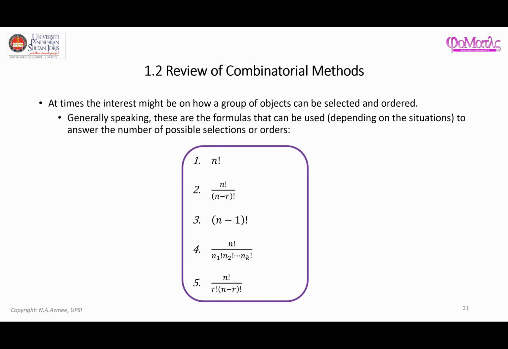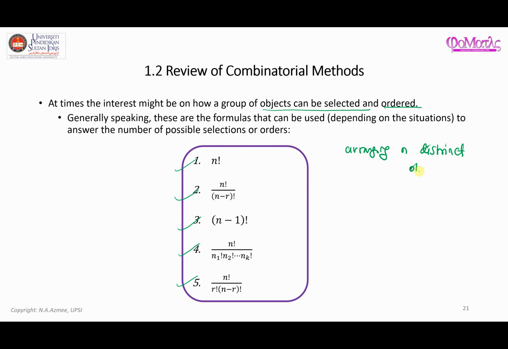Here is a summary of some formulas that I'm pretty sure you have seen before. These are the formulas related to how a group of objects can be selected and ordered, and these formulas will be used according to the situations given. In this video, I'm just going to talk about a specific problem of arranging n distinct objects.